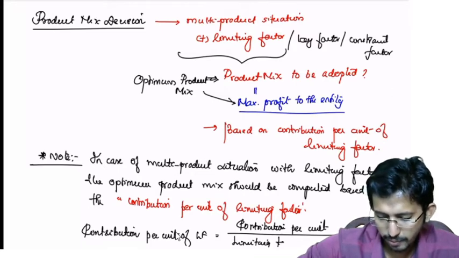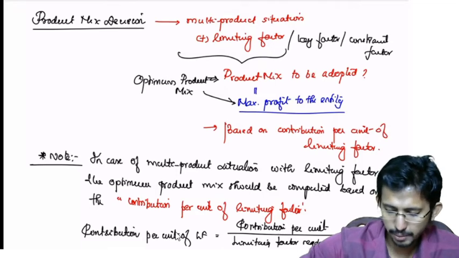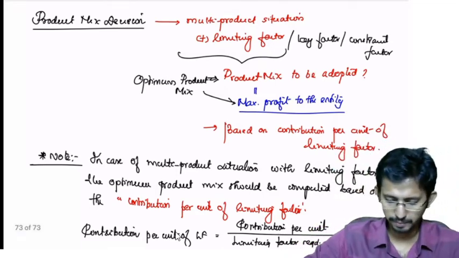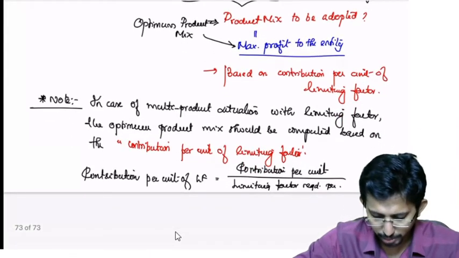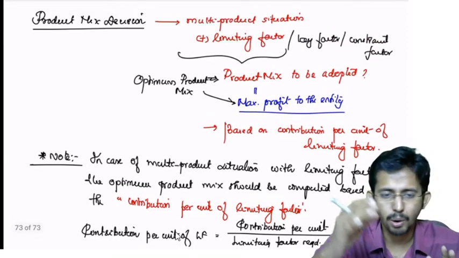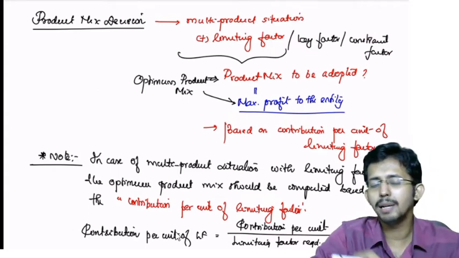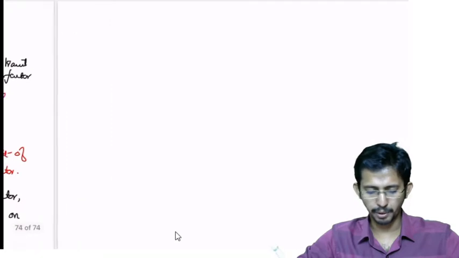Limiting factor required per unit. Is it clear? So this is how you compute the contribution per unit of limiting factor. You compute the contribution per unit of limiting factor for all the products, then rank the products. Then based on the rank, you determine the optimum production mix.